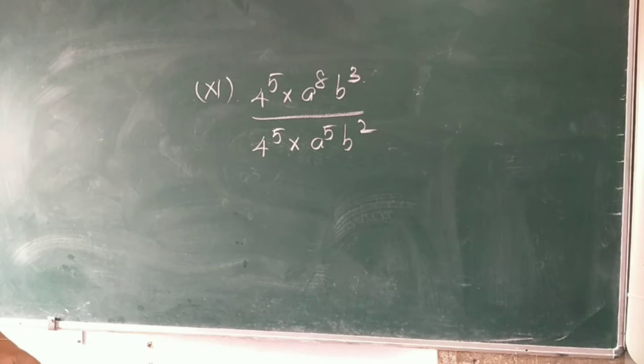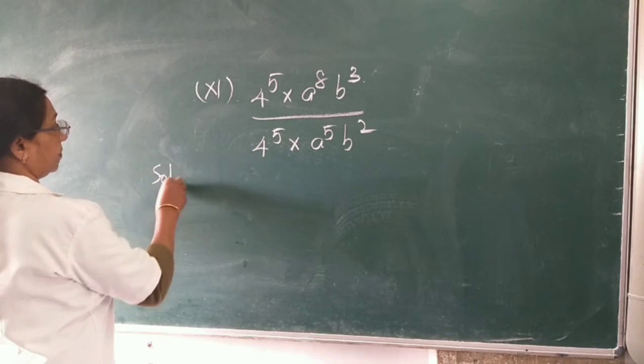See, the question is 4 raised to 5 into a raised to 8 b raised to 3 divided by 4 raised to 5 into a raised to 5 b square. Its solution.